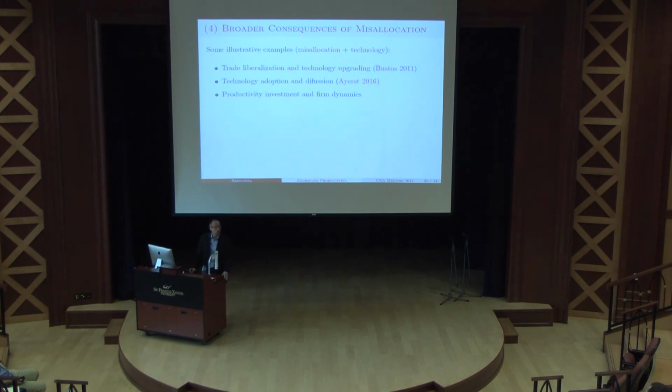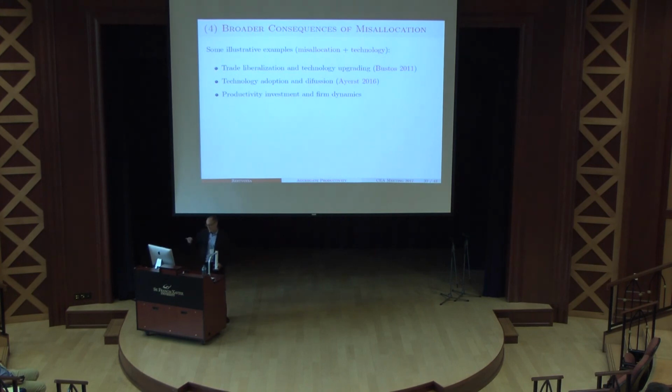And in essence, what he shows is that these micro distortions act as an aggregate barrier to technology adoption. So a lot of the patterns we see in terms of technology diffusion and adoption can be reconciled just from the perspective of this misallocation.